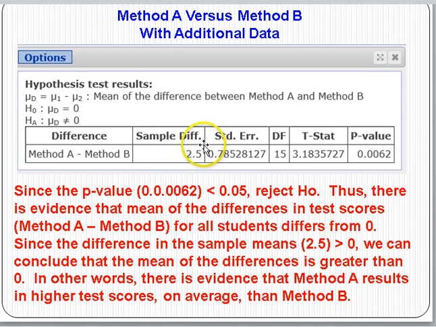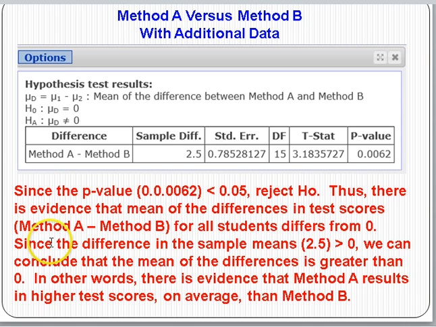The sample mean of differences for these 16 students for method A minus method B was 2.5. The key is not so much the value, but the fact that it's positive. When you subtract method B scores from method A scores and get a positive result, that implies method A test scores are greater than method B test scores.